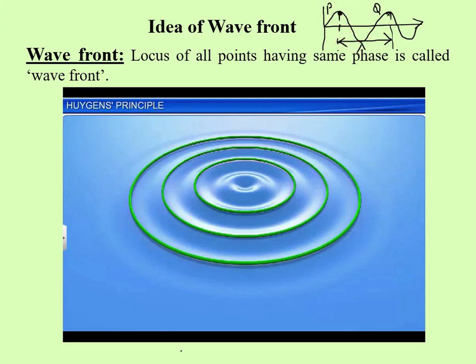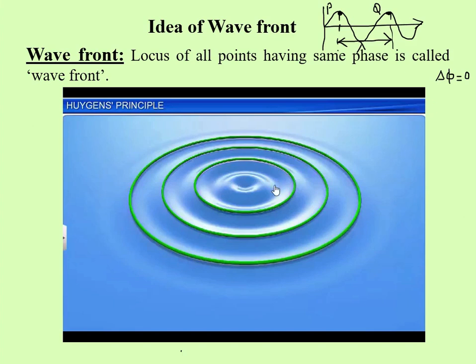Both these particles are at crest together, they will also go to trough together, that means they oscillate together. If these two particles oscillate together, that means the path difference between them is zero. You can also study this from basic mathematics, because these are points on a circle.